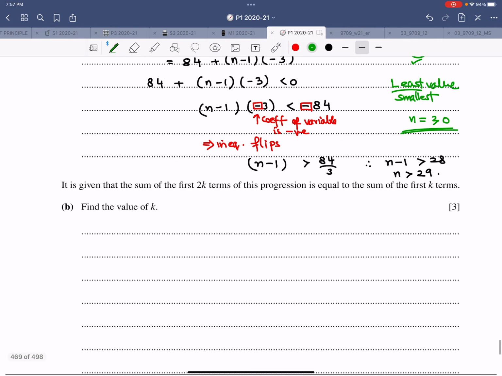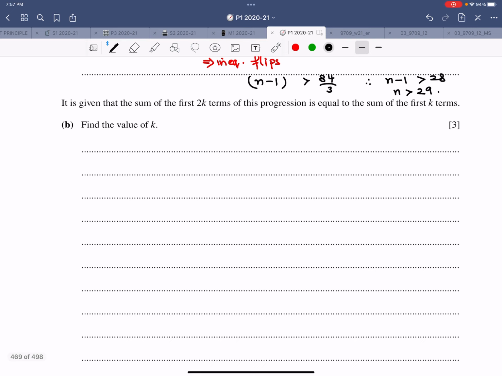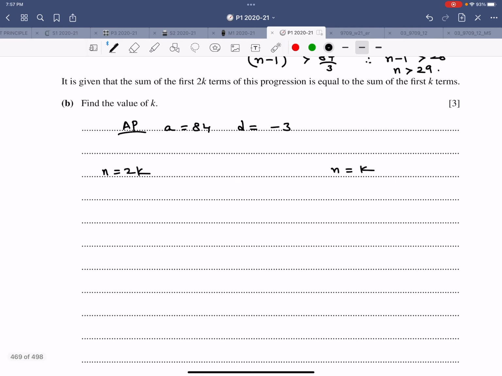So now over here, the same question is going. The sum of the first k terms. So therefore, AP, first term is 84. Common difference is negative 3. One scenario is n is 2k, and in the other scenario, n is equal to k. The sum of first 2k terms. First of all, write down the formula so you don't mix up the things.